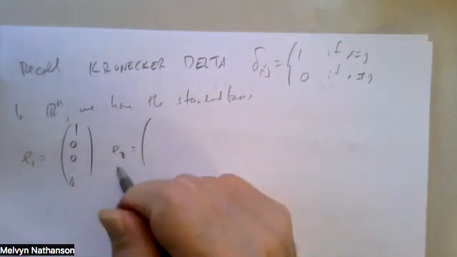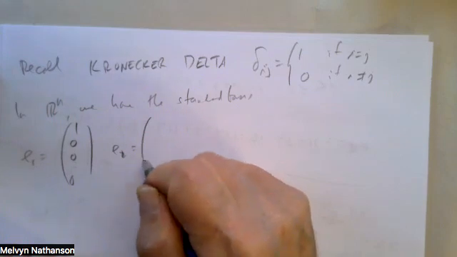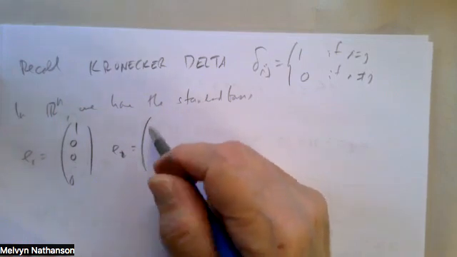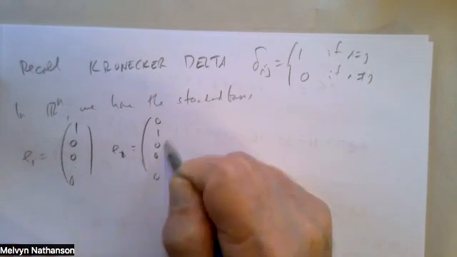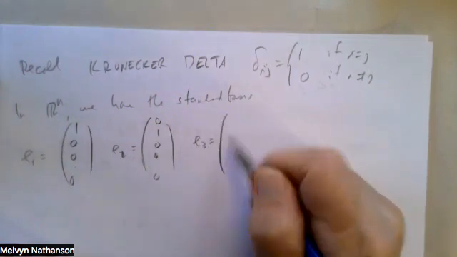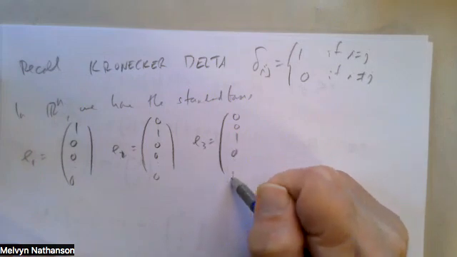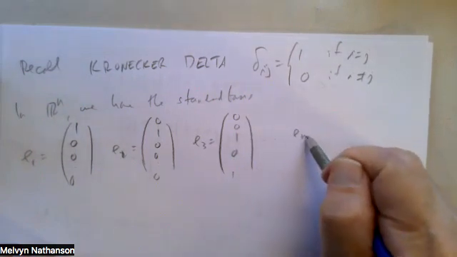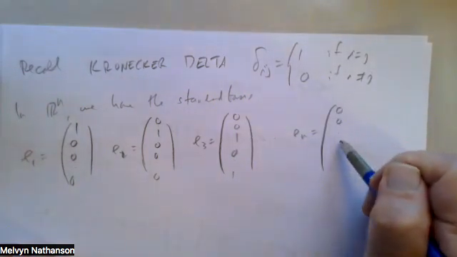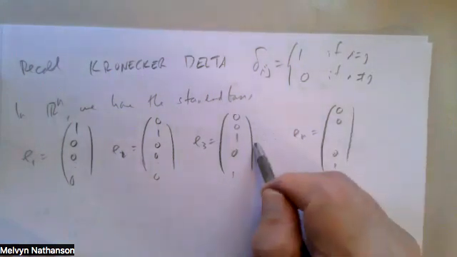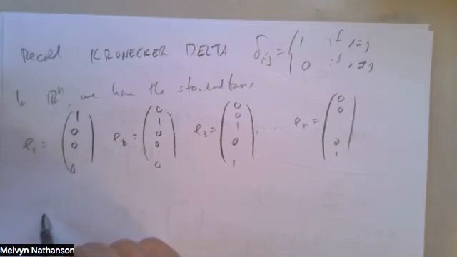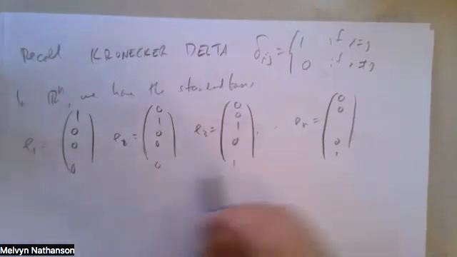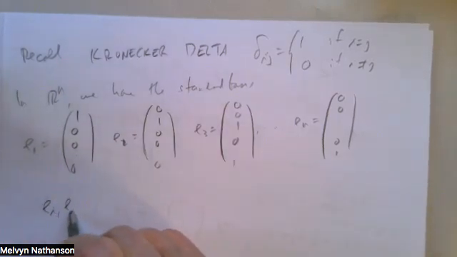E2, each of these vectors is going to have exactly one 1 and every other coordinate 0. In E2, the 1 is in the second place. In E3, the 1 is in the third place, and so forth, up to En, where the 1 is in the final place, n.